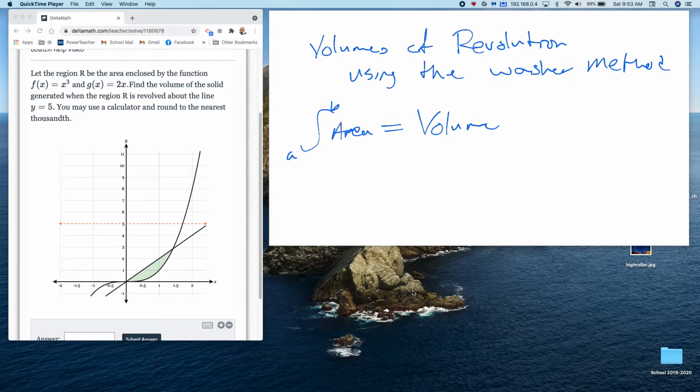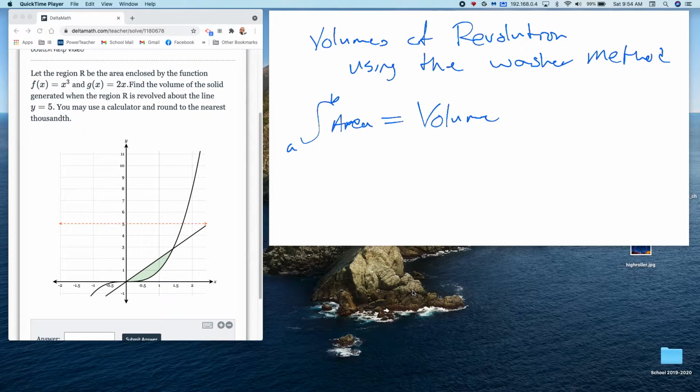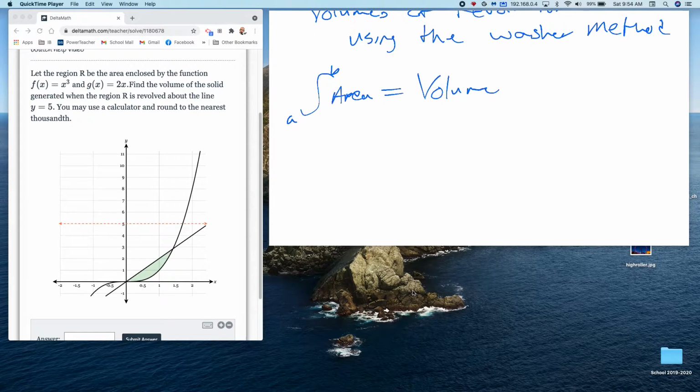But this time when we slice these figures, we're always going to have some kind of a hole right in the middle. So we're always going to have these shapes like this, and the only solid part of this is this part right here.